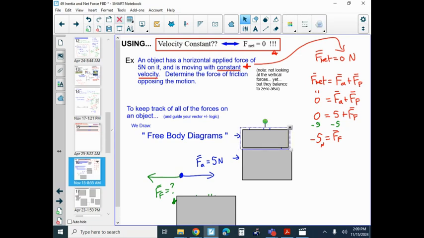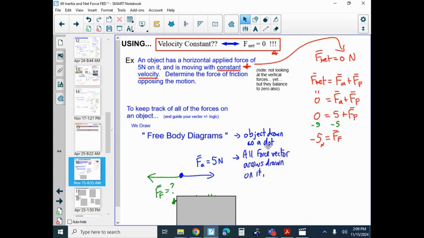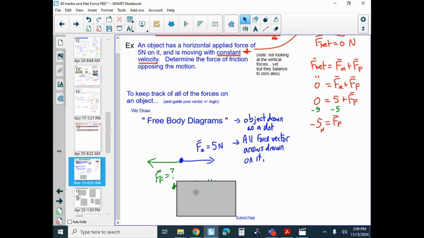I already started doing the free body diagrams on the previous page, but it's just a dot to show the center of mass of the object. You don't have to draw a wheelbarrow or a truck or whatever the question's about, just an object of some sort. The dot just represents the center of mass, basically the center of the object. Then you can keep track of and visualize the different forces on it.